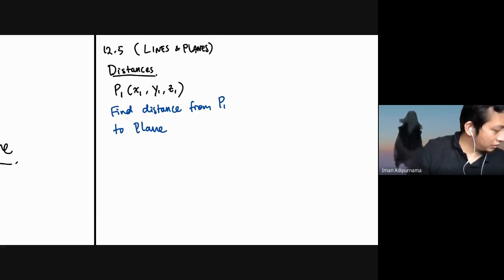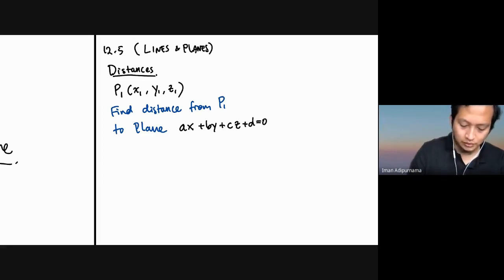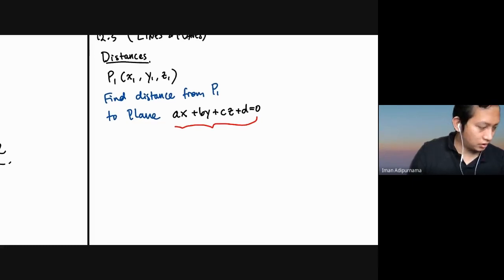I will write the equation of the plane. So ax plus by plus cz plus D equals 0. Okay. Remember that this is the equation of plane. Okay.